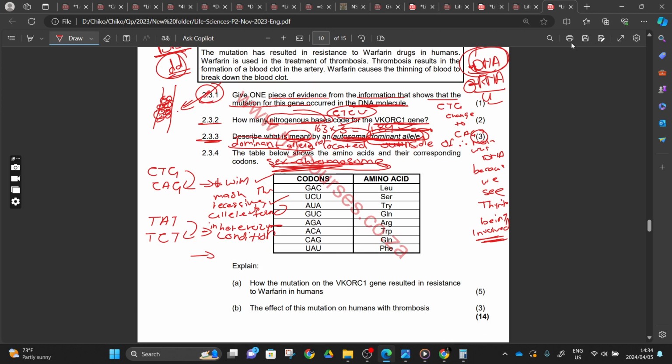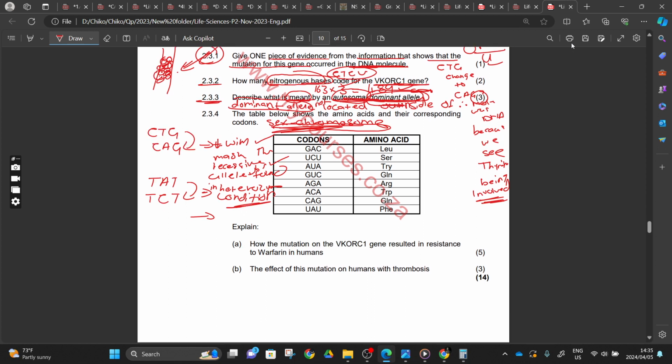That's what they mean by an autosomal dominant allele. This allele is dominant, but it's not situated on a sex chromosome. And if it is matched with a recessive allele, it will be phenotypically shown, and that situation is a heterozygous condition.